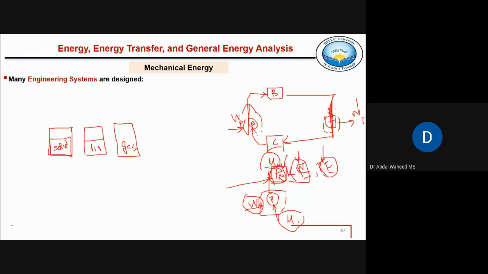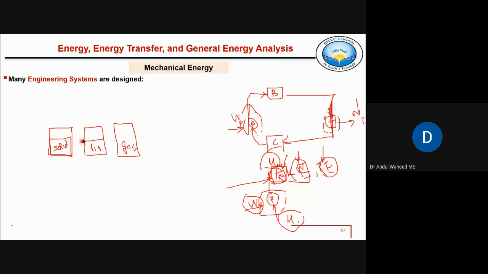The temperature of all three substances is above 0 Kelvin, so all of these have internal energy in them. There is molecular motion: vibratory in the solid, moving in the liquid, and much more moving in the case of gases.